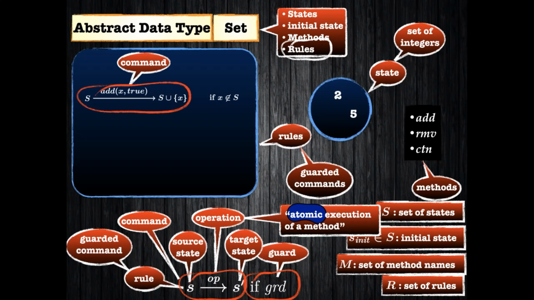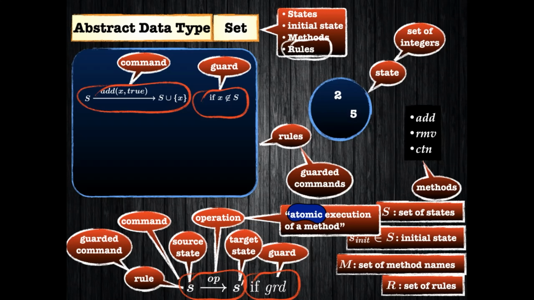So if you compare this with the general definition of a rule, you have the 2 parts. You have the command and you have the guard. The command tells you that you change state from S to S union X, that you add X to the set. And this is done through an application of a method, add applied to 2 parameters, X and true.